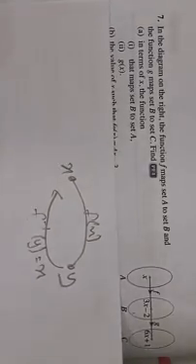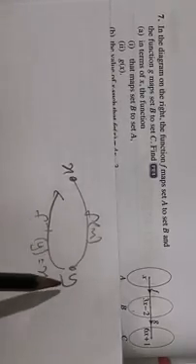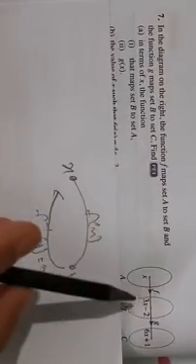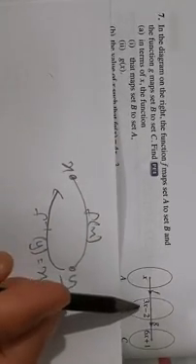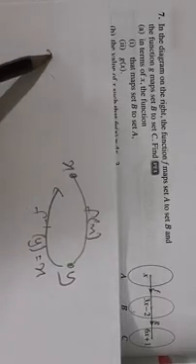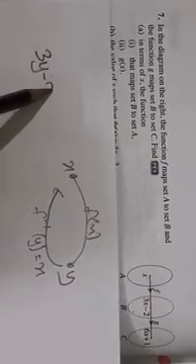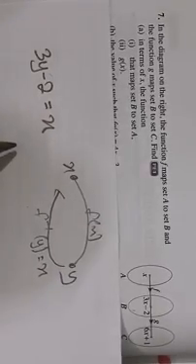So take the function, which is 3x minus 2, and change this to y: 3y minus 2 equals x.